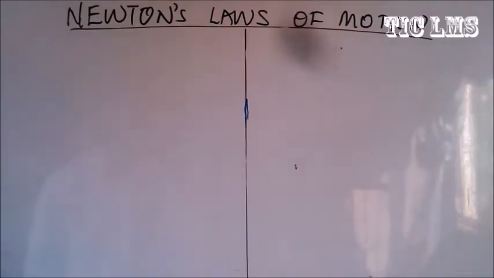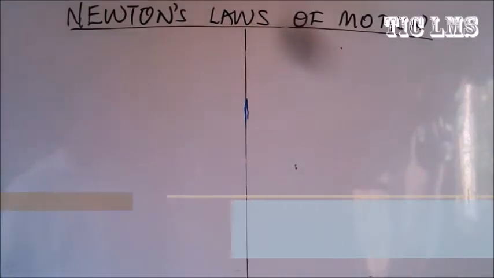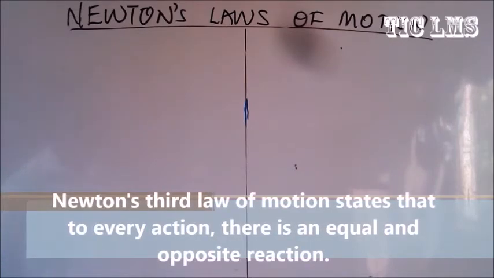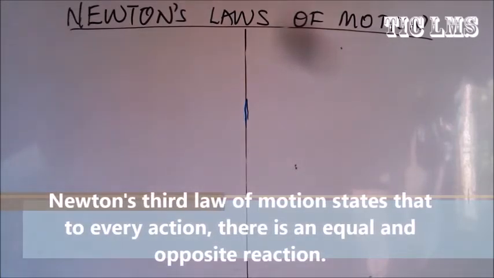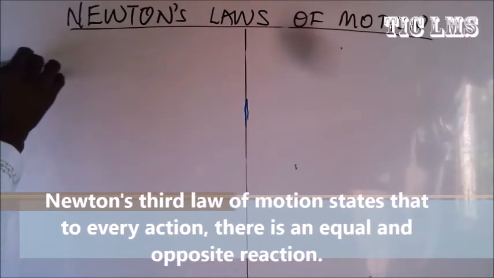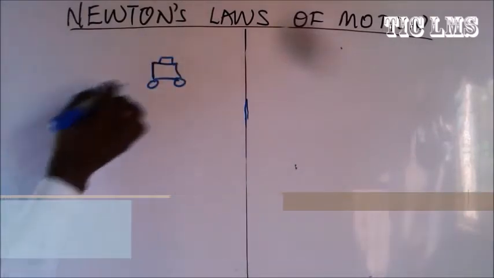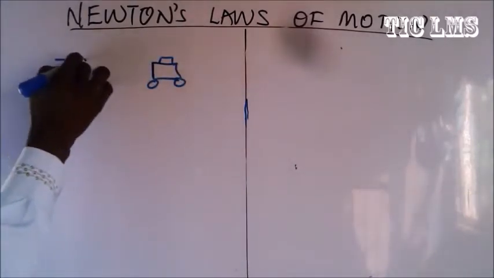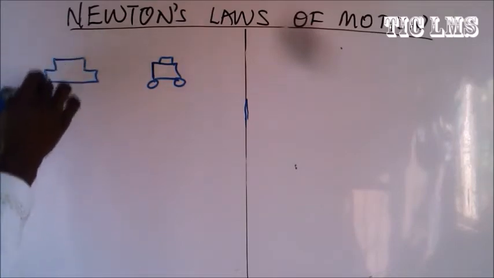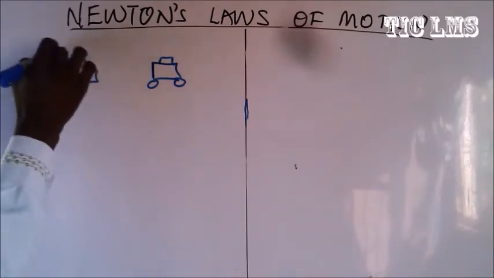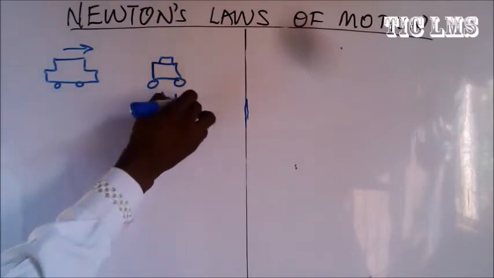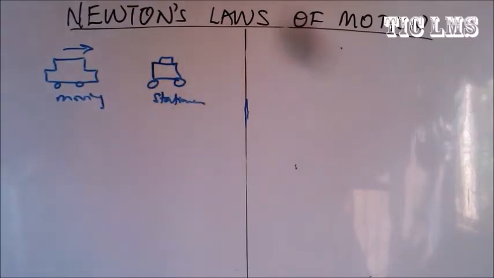Lastly, we have Newton's law. His third law states that to every action, there is an equal and opposite reaction. For example, if there is a car which is stationary, and here is another car which is moving towards the stationary car in this direction.